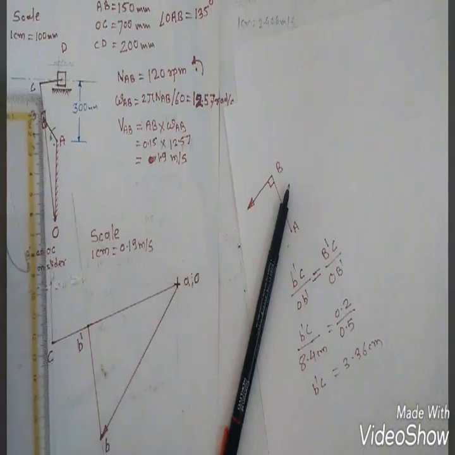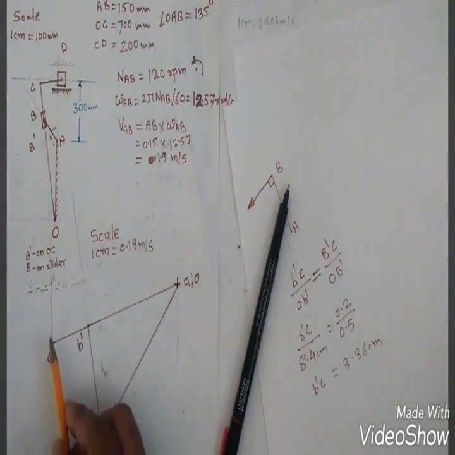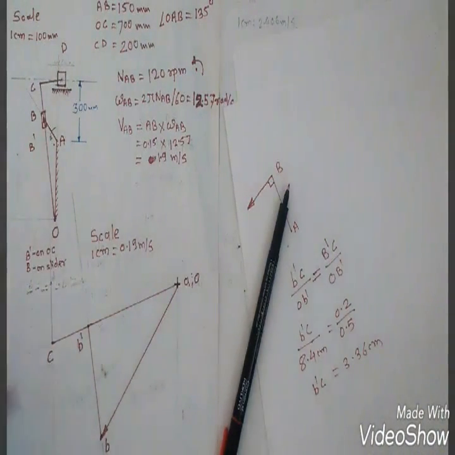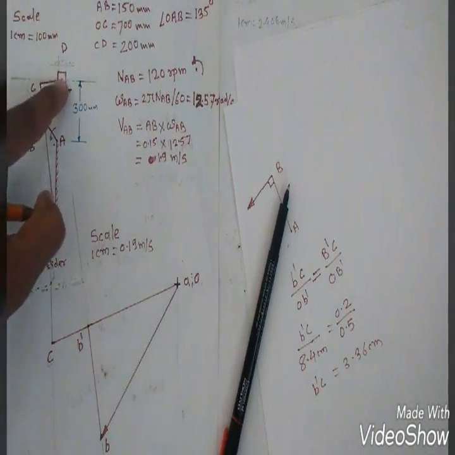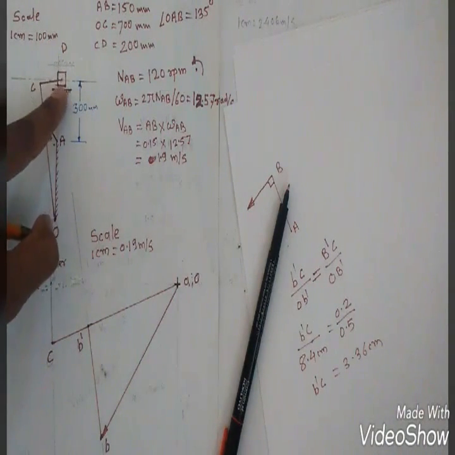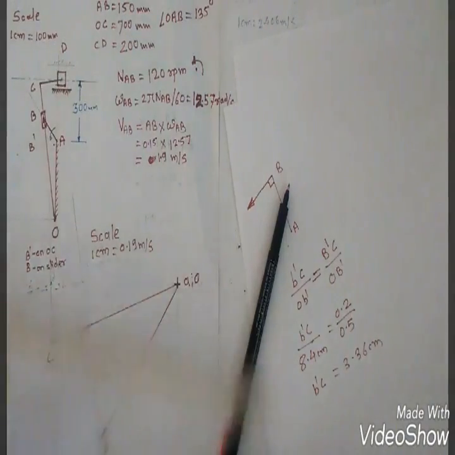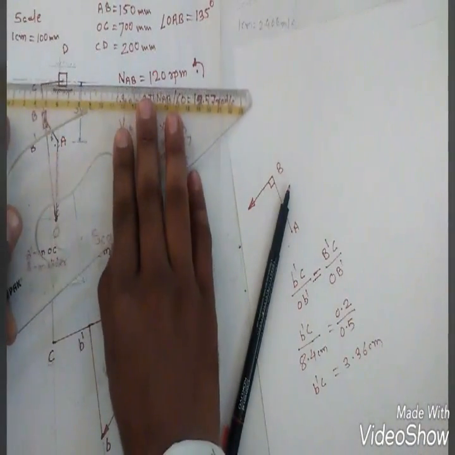And now this is the locus for the D point, but we don't know whether D will lie on this side or on the opposite side. But point D is a slider, therefore we can draw a velocity vector for a slider. We know the velocity vector for a slider is parallel to the sliding path.